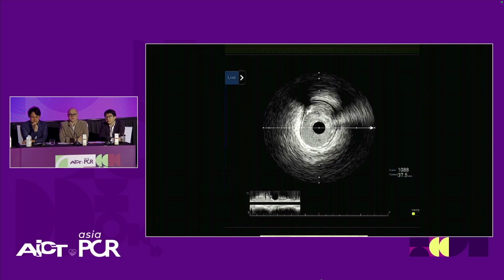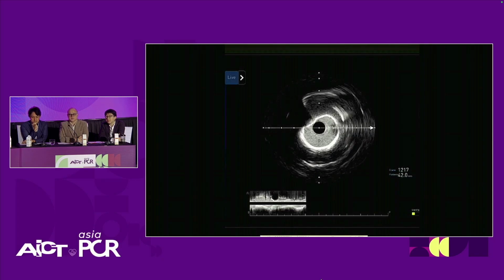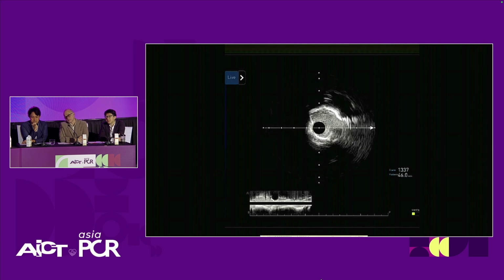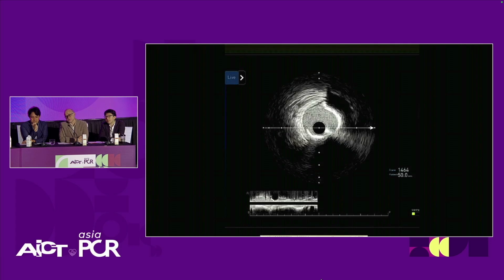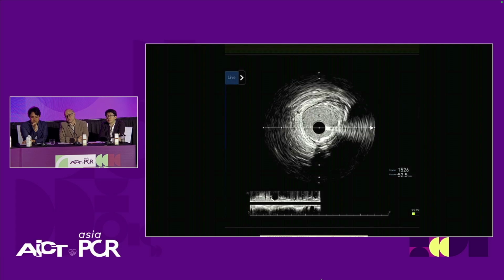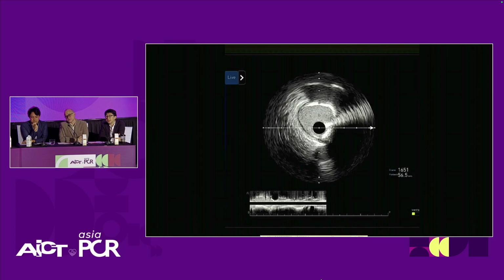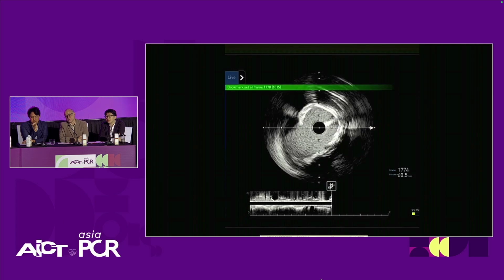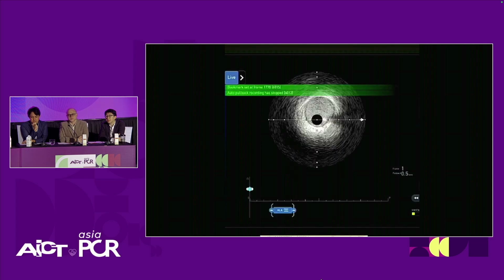There are some reverb artifacts here, probably some modification done over here, so that's good. Not so much heavy disruption of the calcium over there. Coming out proximally, some minor disruptions at about 2 o'clock, and I think back in the left main.